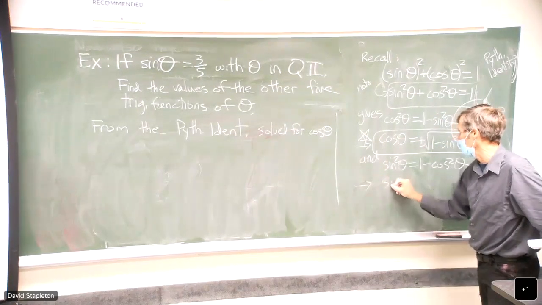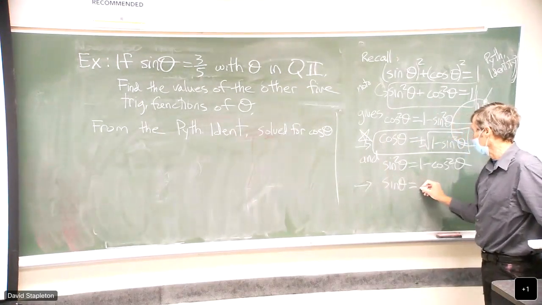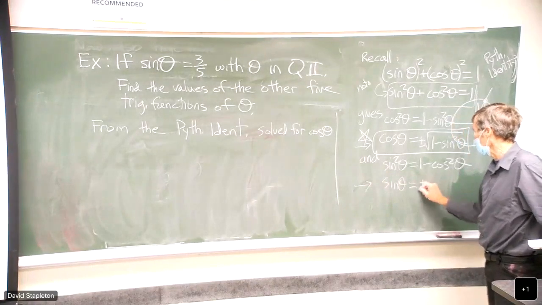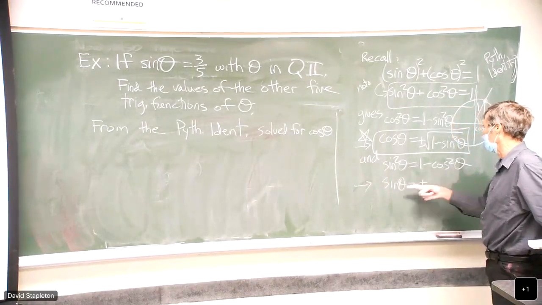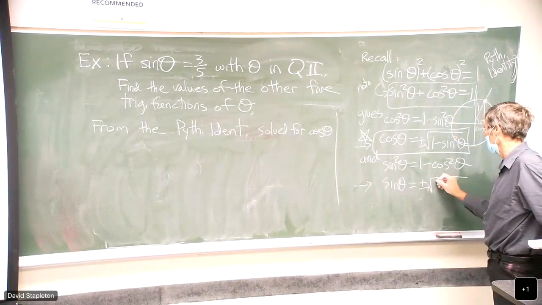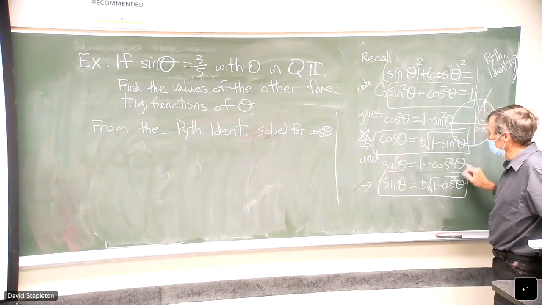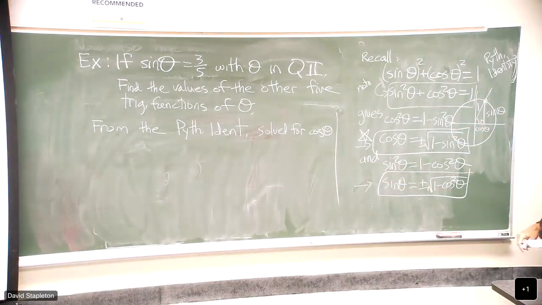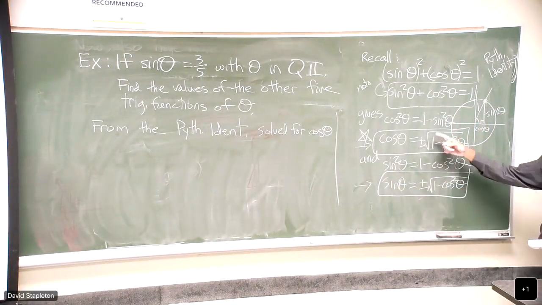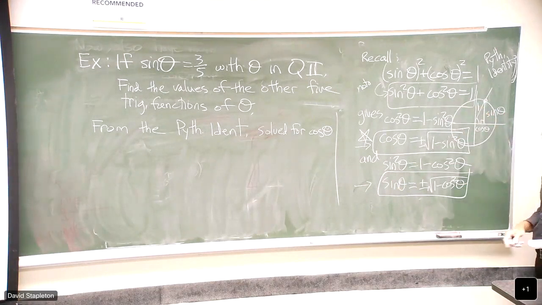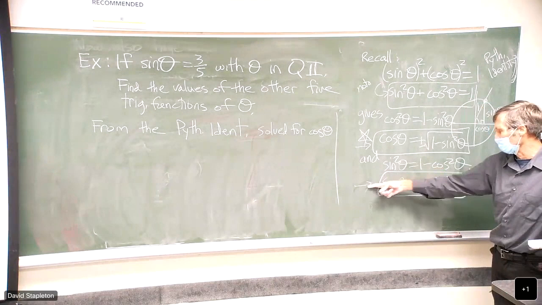This one implies this one implies this one. Sine theta is plus or minus the square root of this side. If the square of the number is this, then this number is plus or minus the square root of this. So there's the Pythagorean identity solved for sine. And so these two are just derived out of this one. And this means implies. If this is true, then this is true.